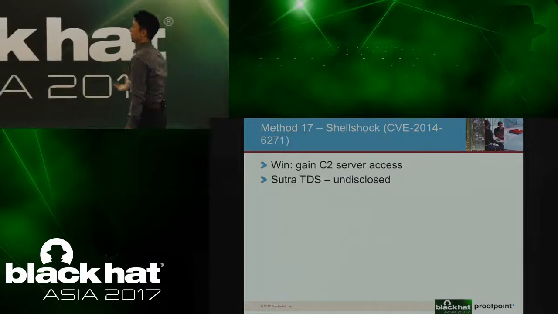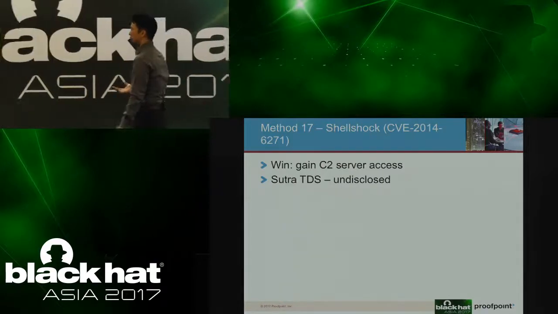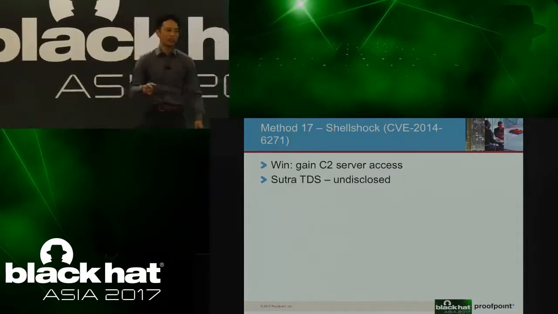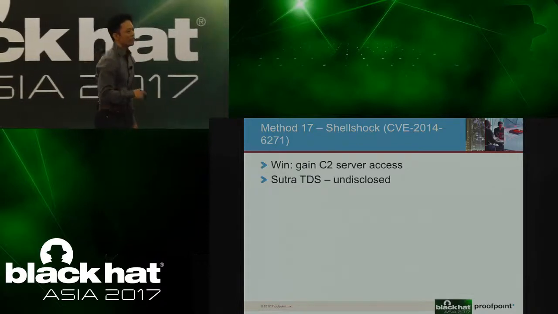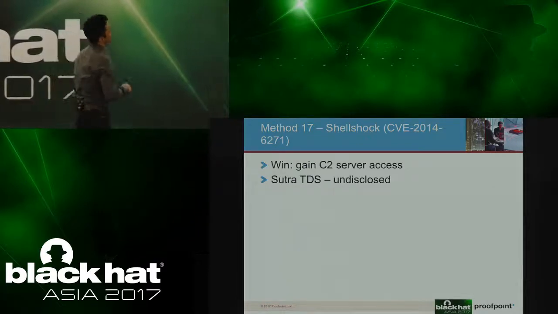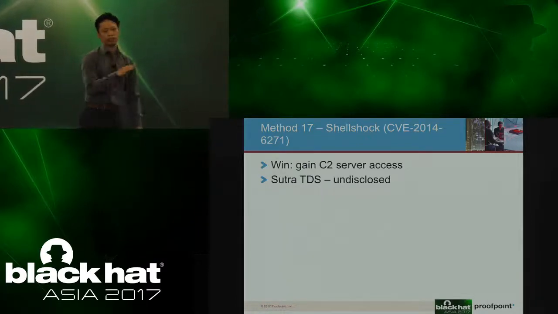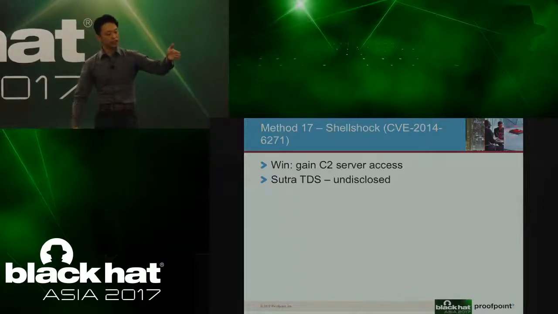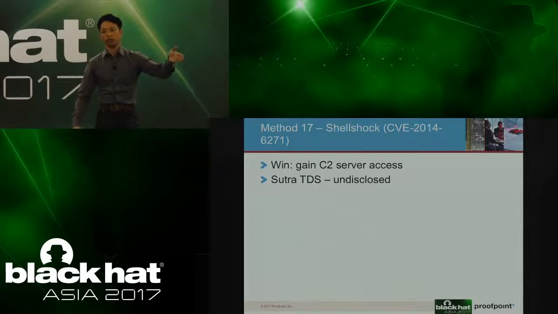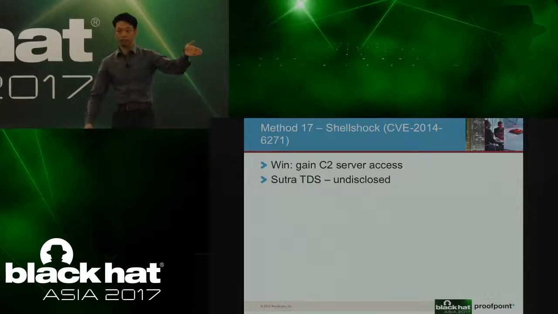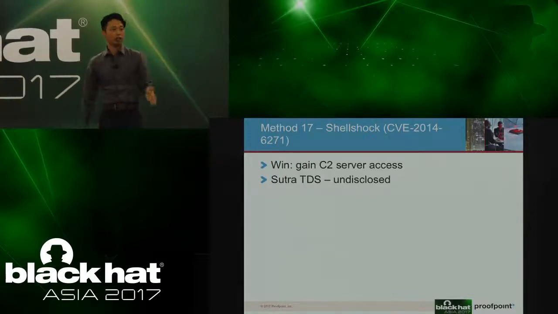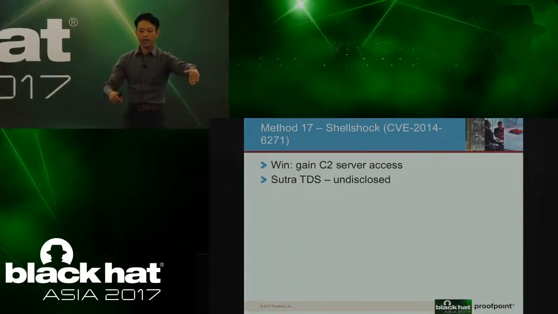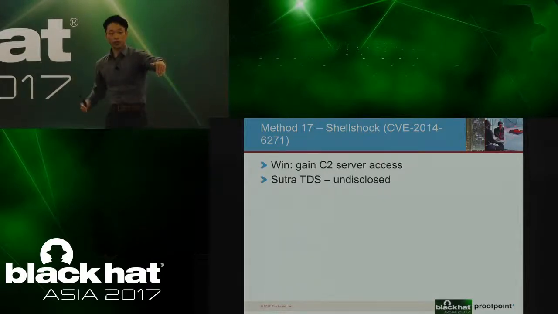Or Shellshock, very well-known vulnerability, and you'd be surprised. Sutra TDS is one of the most well-known TDSs that these actors just love to use, right? So they're using these TDSs to filter out unwanted IPs, to kind of act as a shield between their infrastructure and vendor scanners.